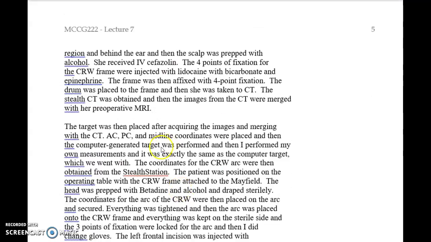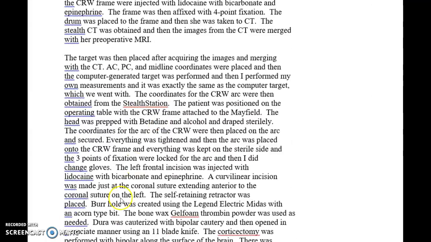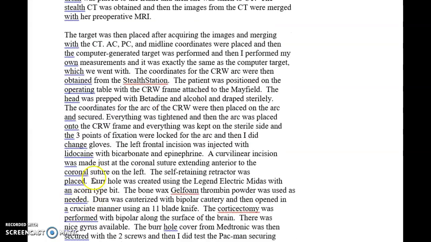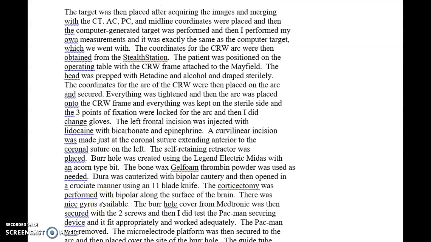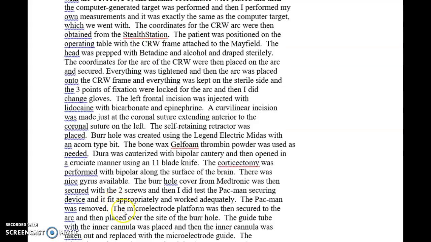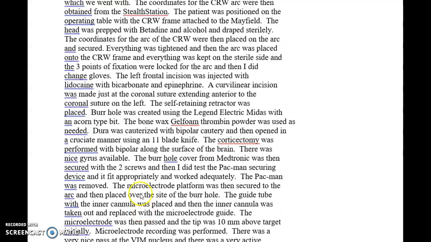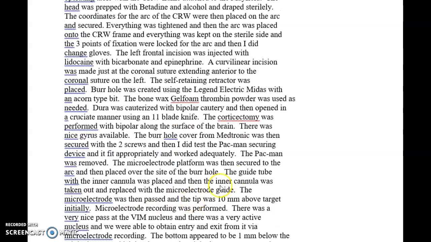So moving on down to the procedure, this is where they actually start doing the burr hole, with the dura being exposed here. Then they talk a little further about placing the microelectrode platform over the site of the burr hole.